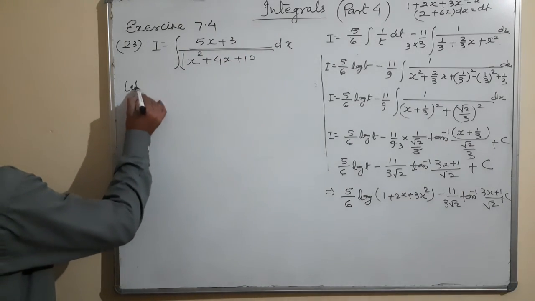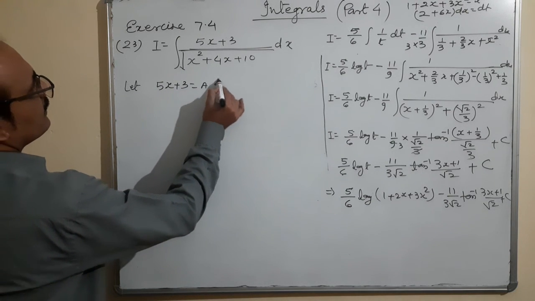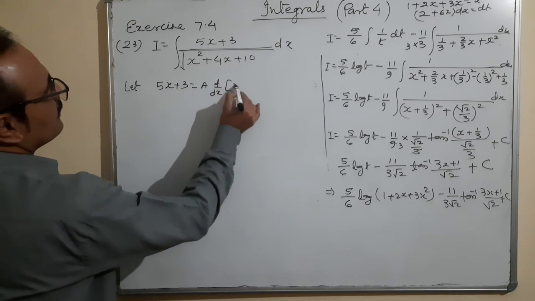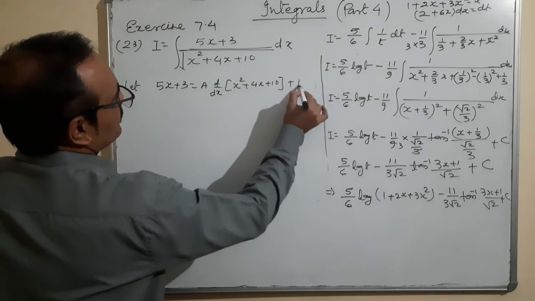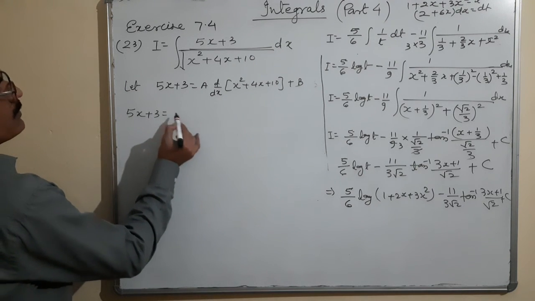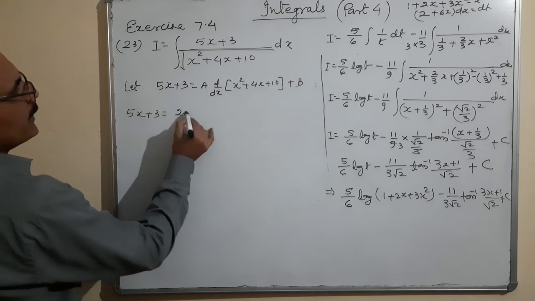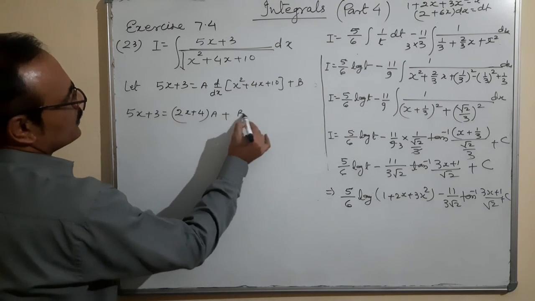Let 5x plus 3 be equal to a times the differentiation of x square plus 4x plus 10, plus b. So 5x plus 3 is equal to a into 2x plus 4, plus b.